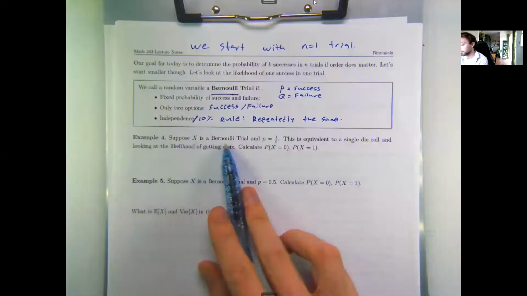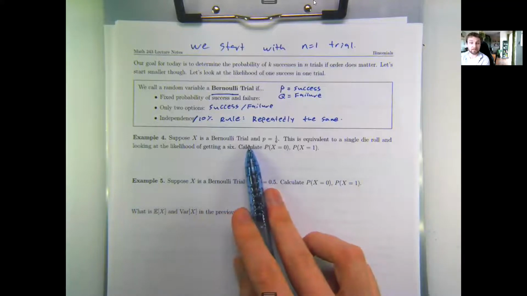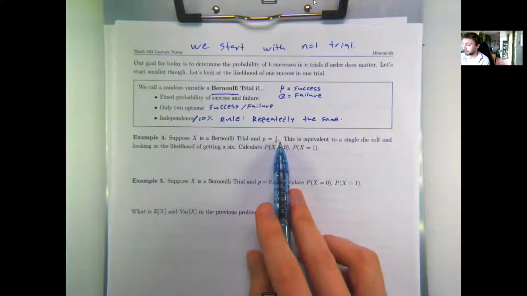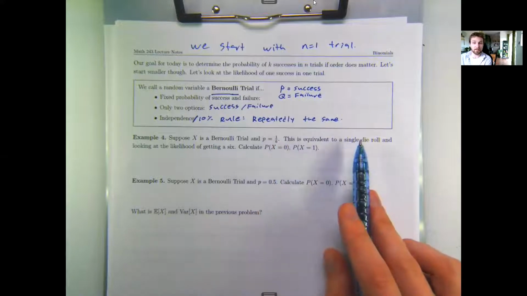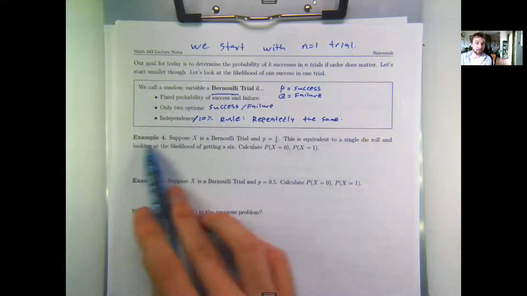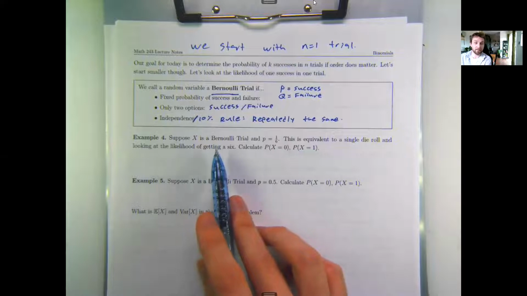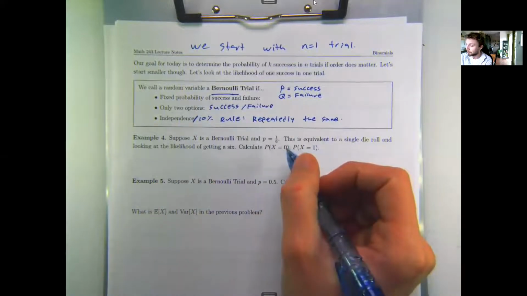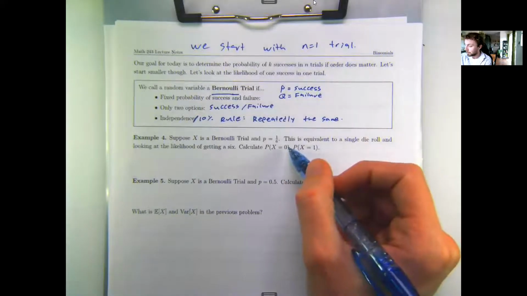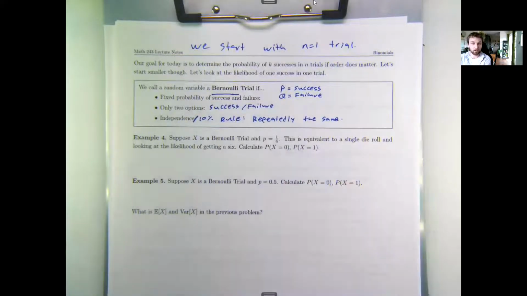Suppose X is a Bernoulli trial. So that means it's success and failure, and it's only one trial. And P equals 1/6. So this is a probability of getting a 6 on that die. So this is the equivalent of looking at a single die roll and looking at the likelihood of getting a 6 for one roll. Let's calculate the probability of X equals 0 and the probability of X equals 1.